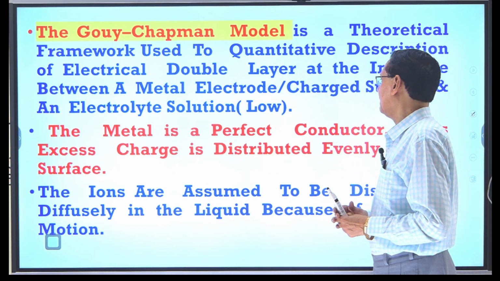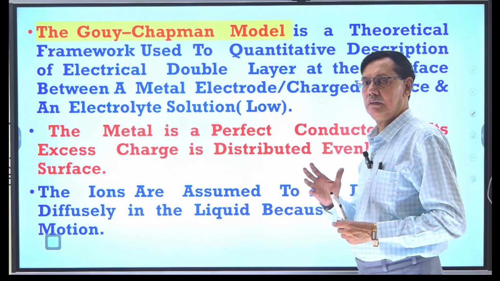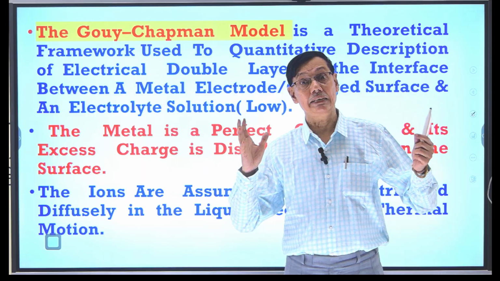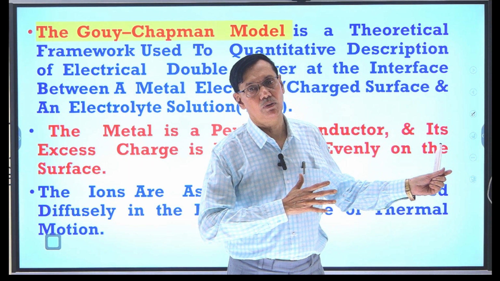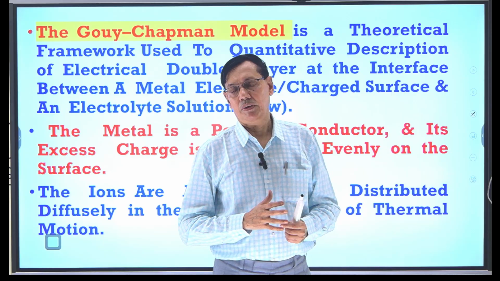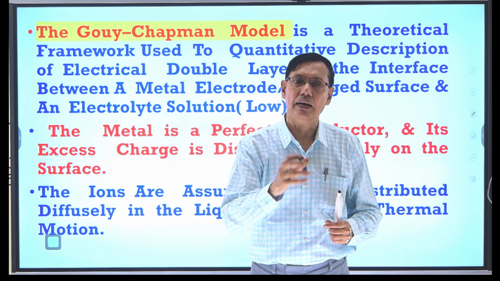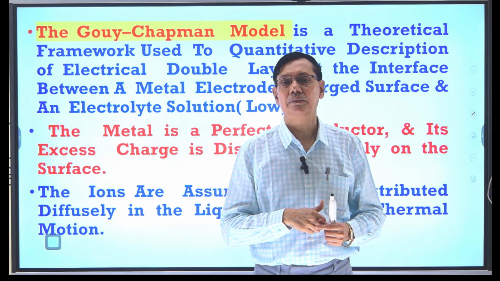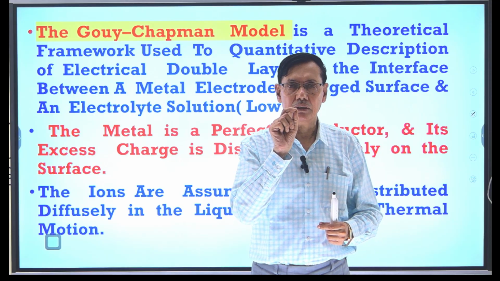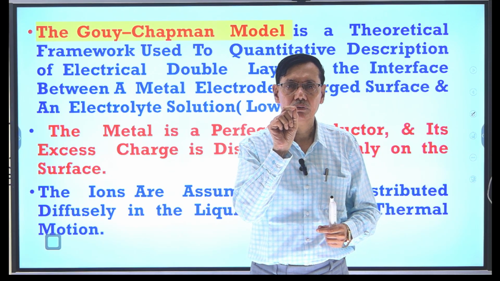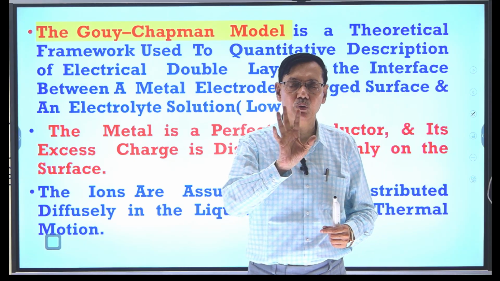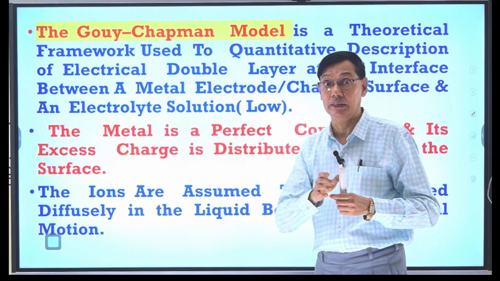But one thing: here there are certain assumptions. I am not saying that this is the perfect model, because you know that the ions have different sizes. But here we consider the ions just like point charges. So there is no size of that ion. So that is one of the assumptions.